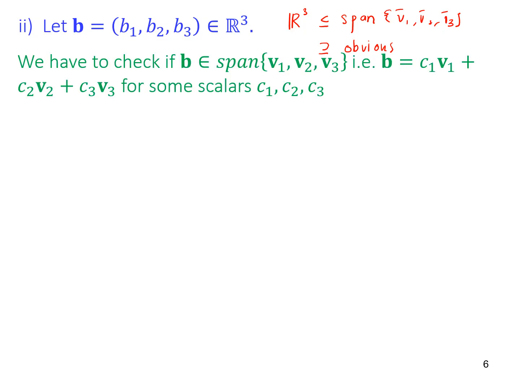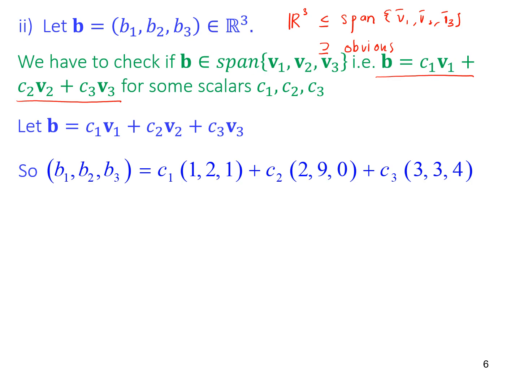And we have to check if B is in the span of V1, V2, and V3. That means we have to show that the vector B is a linear combination of V1, V2, and V3. This means we have to show the existence of scalars C1, C2, and C3. So let us write B is equal to C1 V1 plus C2 V2 plus C3 V3.